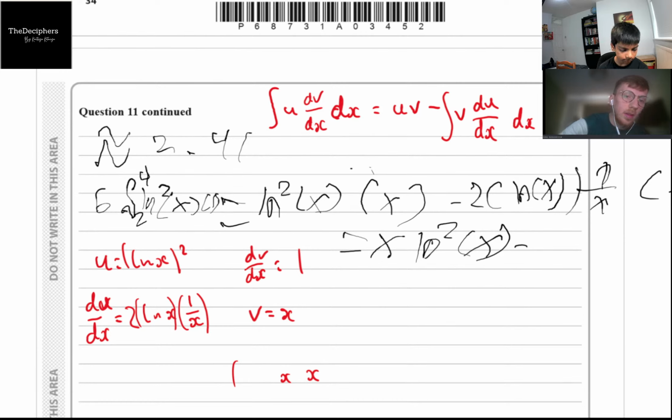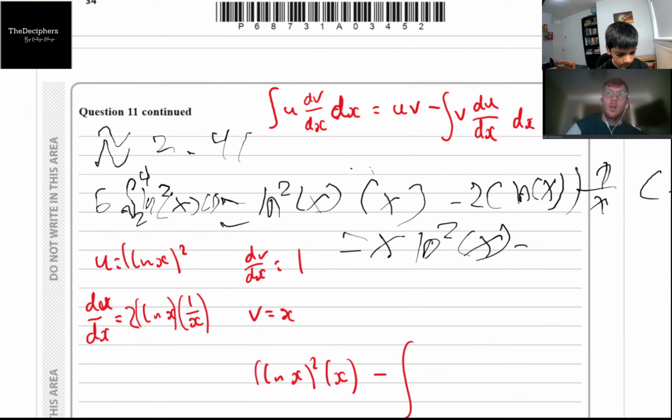Ln x all squared times x. Okay, and you're taking away the integral of v du dx, so your v is x, du dx you've worked out to be 2 ln x times 1 over x dx.